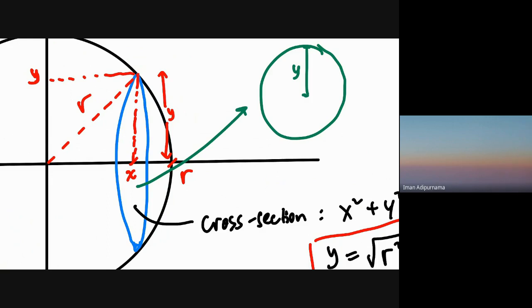So y is our variable, and this is x. Let's take radius y for the cross section.